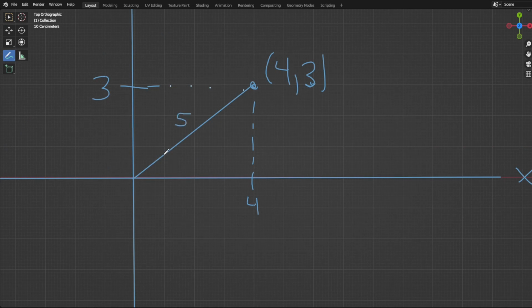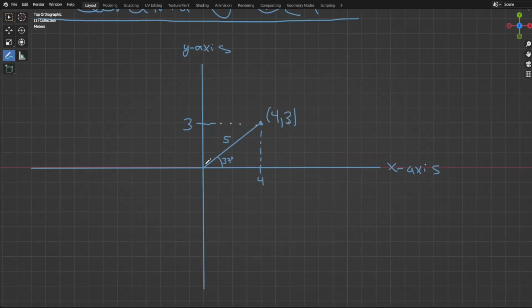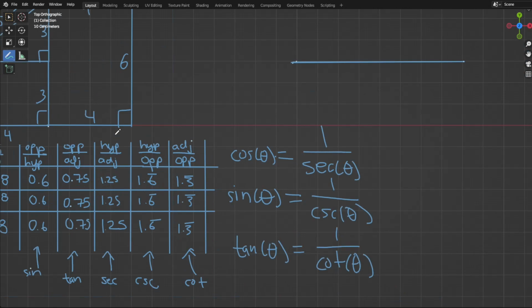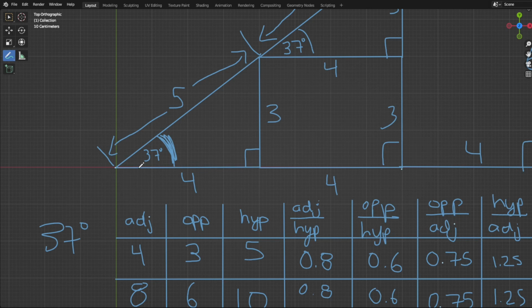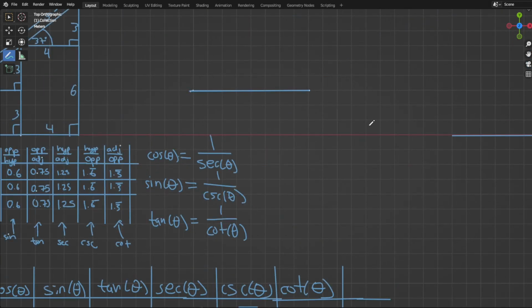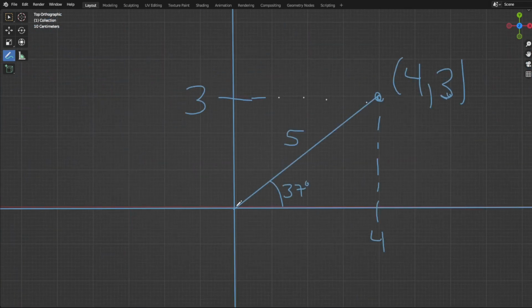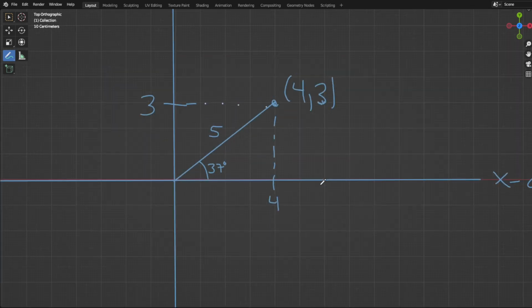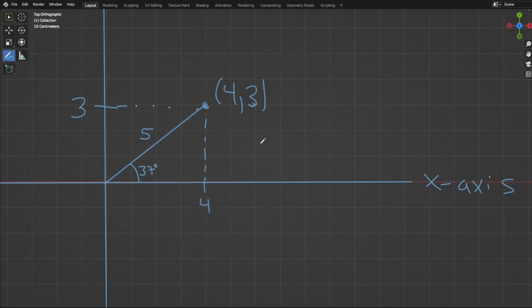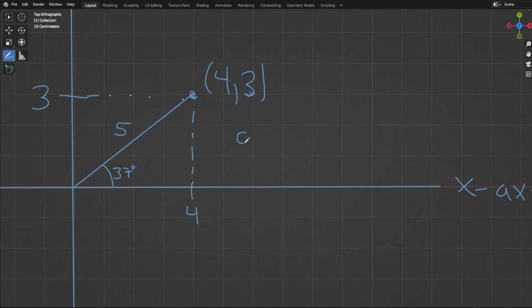Why is it 5? Because this is the same triangle we had over here. It went 4 this way and then 3 up. We look at it, we have, again, 4 to the right and then 3 up. And it's 37 degrees. But what I want to show you is that this definition of the cosine is going to be a little bit different.